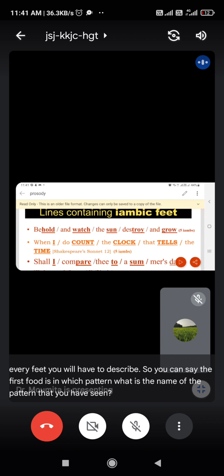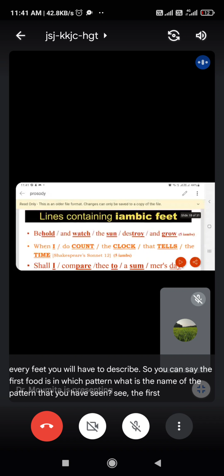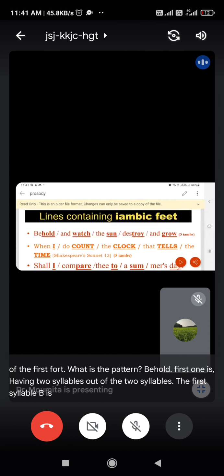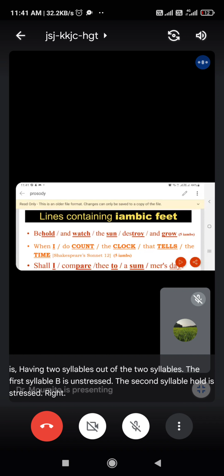See the first foot. What is the pattern? Behold. First one has 2 syllables. Out of the 2 syllables, the first syllable "be" is unstressed, the second syllable "hold" is stressed. Right? So unstressed, stressed. What is the name of the pattern we have seen? The pattern is iambic. So how will we describe now?